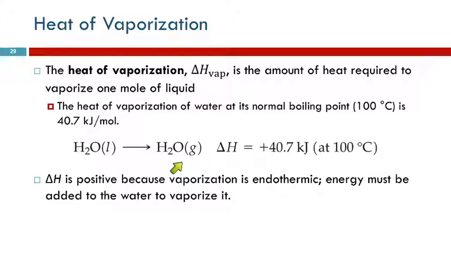There's energy involved in that. Going from a liquid to a gas requires that we put energy in. It's endothermic. So delta H for that reaction is a positive number. So endothermic means heat coming in. Money coming into my wallet is a positive experience for me, right? So this is a positive delta H.